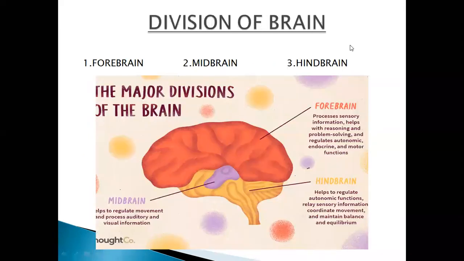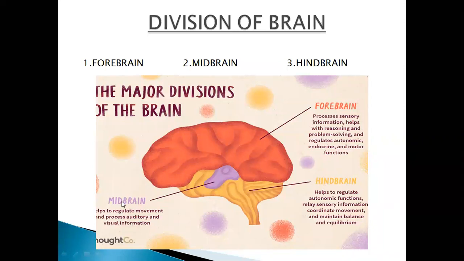Okay, so let's come towards the division of brain. We have divided brain into 3 parts: the forebrain, midbrain, and hindbrain. The first one is the forebrain part. What is its function? It processes sensory information, helps with reasoning and problem solving, and regulates autonomic, endocrine, and motor functions. So these all are the functions of the forebrain.